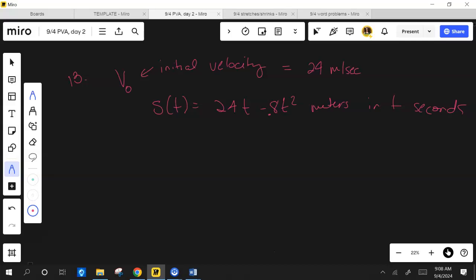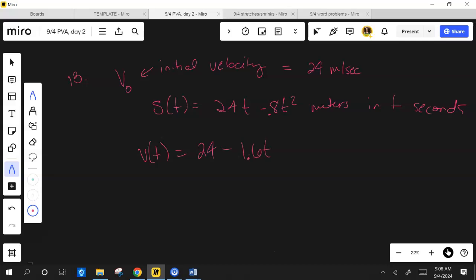You're exactly right, Slade. So it says, find the rock's velocity and acceleration as functions of time. So I just did the derivative. 24 minus, that's it, right?